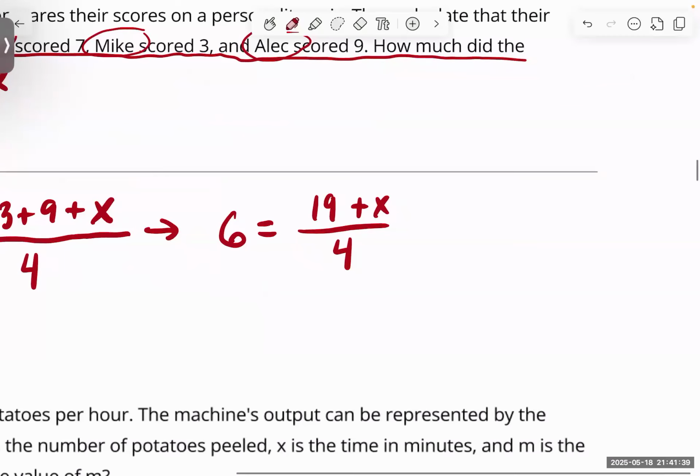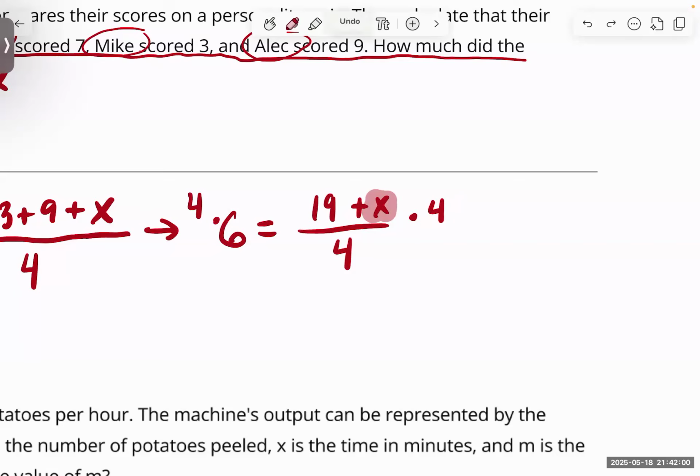Now to solve for X, remember you're working from the outside in. So what's in our way right now is that this is a fraction. And if you ever have a fraction and are trying to solve for something, always try to get rid of that fraction. To get rid of that, we just have to multiply both sides by 4 because that's the opposite of dividing by 4.